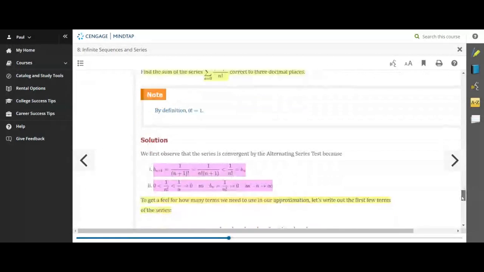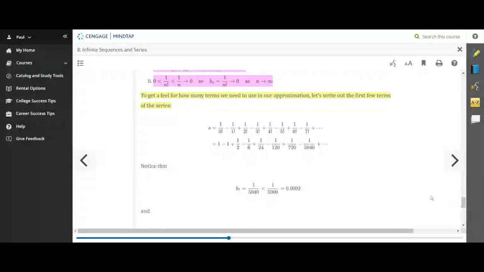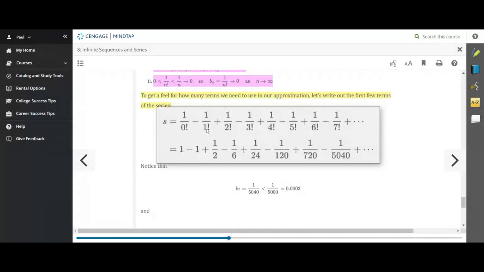Okay, well then let's get back to the solution in the book for example 4. So what they do is they write out the series. They write out the first 8 terms of the series.